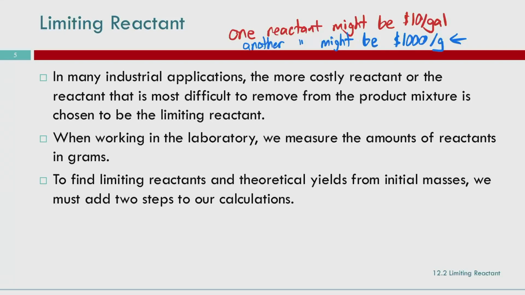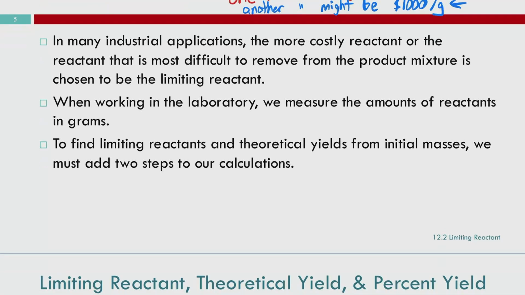It's also entirely possible that one of them, even if they're relatively cheap, is just a real pain to get out of the reaction mixture. If it's not used up, then when we get to the part where we have to purify our chemical, one of them's a real pain to get out. But if we can make sure that it gets used up, then we don't have to remove it. It's gone anyway. And so limiting reactant is valuable for those reasons.